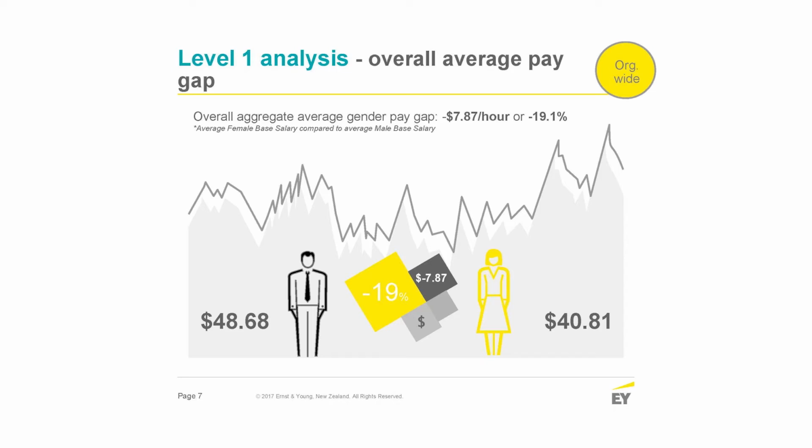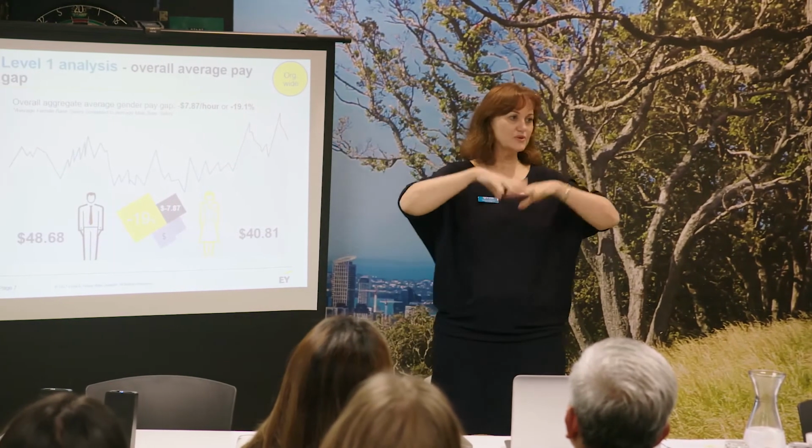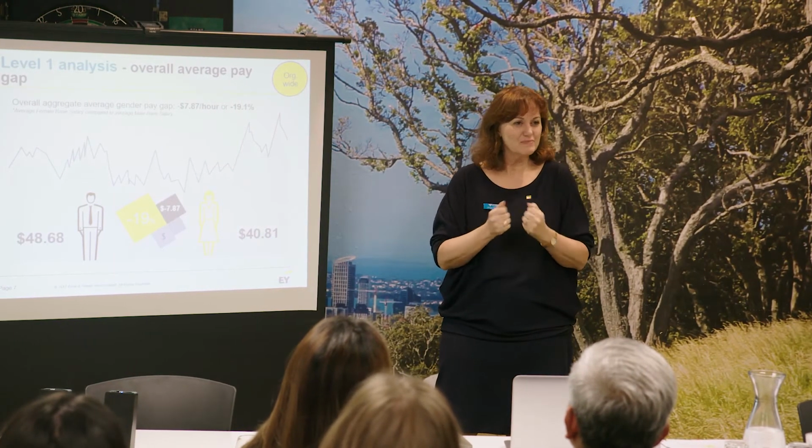So this particular organisation, when I looked at their pay gap, had a 19% pay gap. They have a problem. This is actually real data. I tend to take it down to an hourly rate, even though I do it all on annualised as well, because an hourly rate just feels a bit crunchier to me.